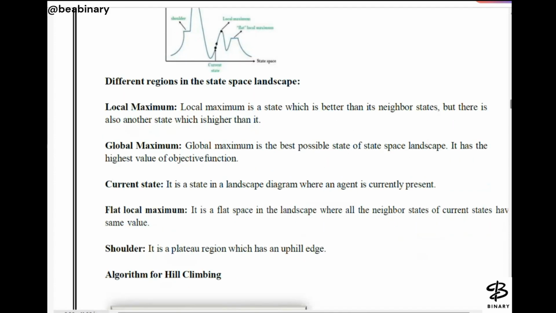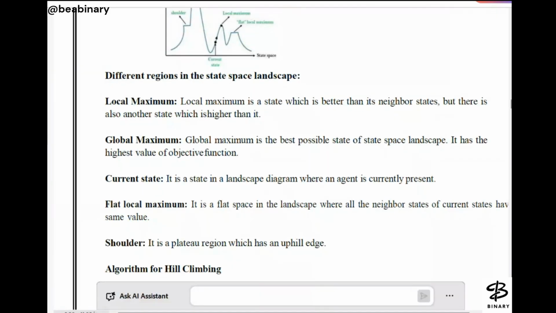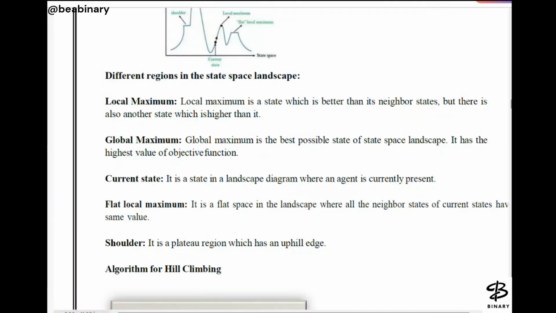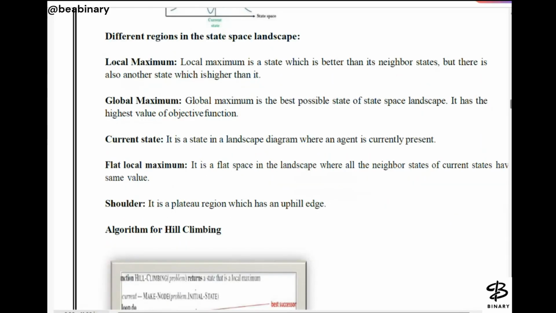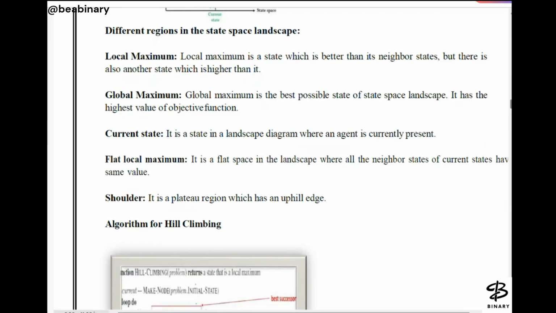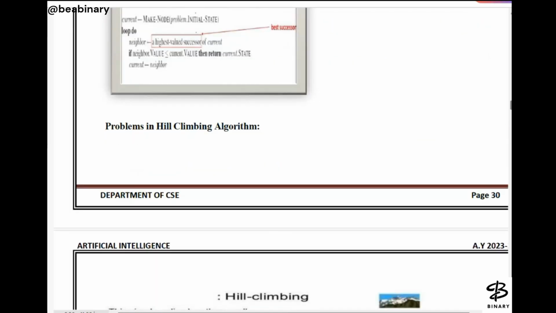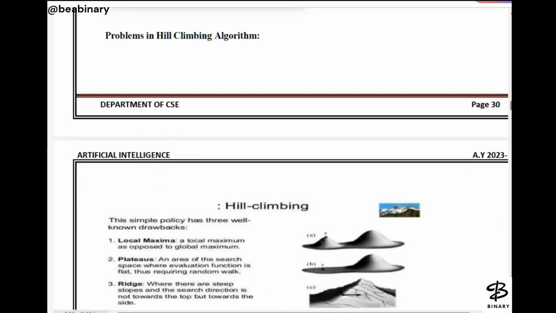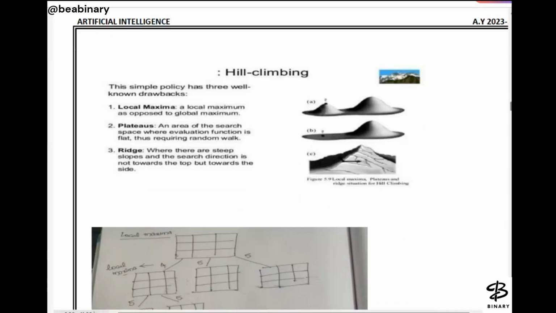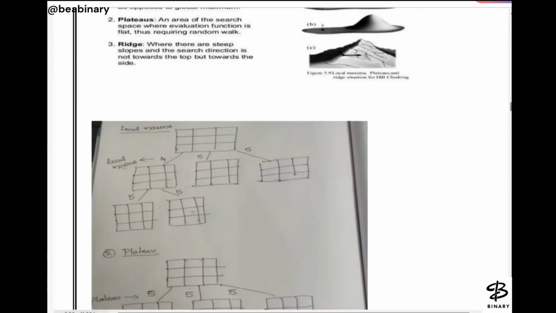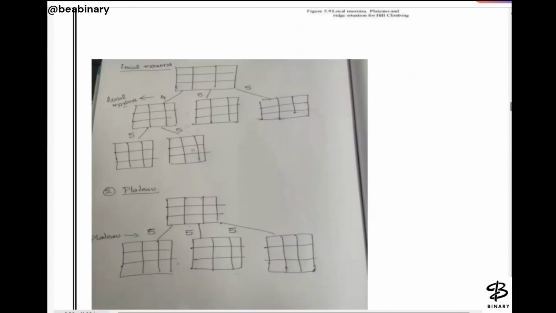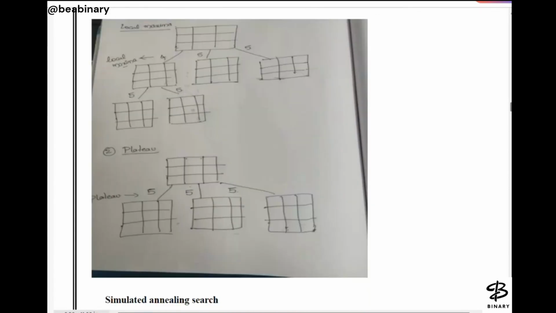And the flat local maximum is a flat space in the landscape where all the neighbor states of the current state have the same value. And here we are talking about the shoulder or the plateau region which has an uphill edge. So you need to know the hill climbing algorithm and what the problems in hill climbing are.